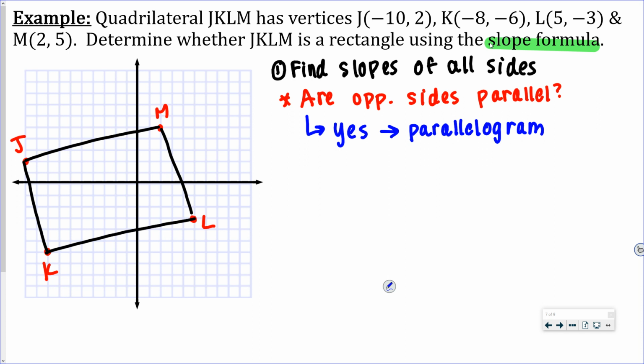Let's say it is a parallelogram. Let's say the opposite sides are parallel. Then we're going to ask ourselves to determine if this is a rectangle. These would have to form a right angle, meaning they'd be what? Perpendicular, meaning they'd have what kind of slopes? Opposite reciprocal. So that's what you would check next.